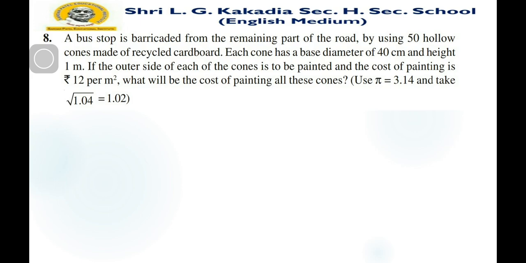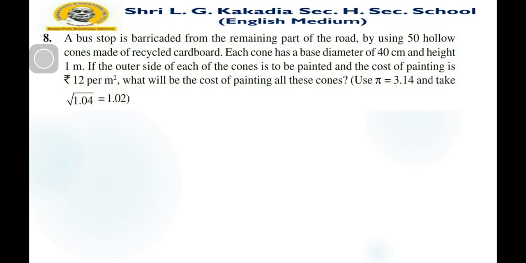Example number 8. A bus stop is barricaded from the remaining part of the road by using 50 hollow cones made of recycled cardboard. Each cone has a base diameter of 40 centimeter and height 1 meter. If the outer side of each of the cones is to be painted and the cost of painting is rupees 12 per meter square, what will be the cost of painting all these cones?